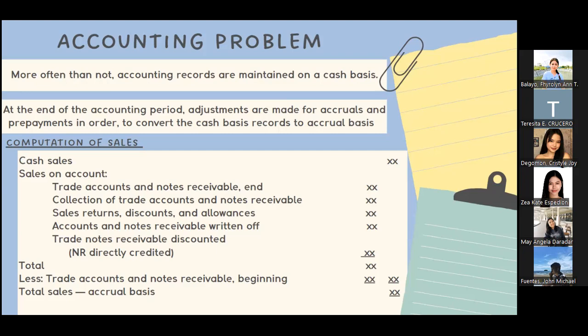So in summary, under cash basis of accounting, income is recognized when received regardless of when earned, and expense is recognized when paid regardless of when incurred. In accrual basis of accounting, income is recognized when earned regardless of when received, and expense is recognized when incurred regardless of when paid.